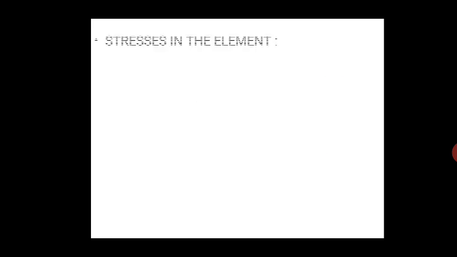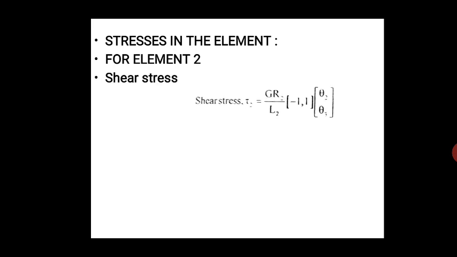Similarly, the shear stress for the second element can be written as tau 2 is equal to G R2 divided by L2 into [minus 1, 1] into [theta 2, theta 3], which is the displacement vector, where R2 is the radius of the shaft. Here also we represent G and R, and the length of the second element is 1000 mm.